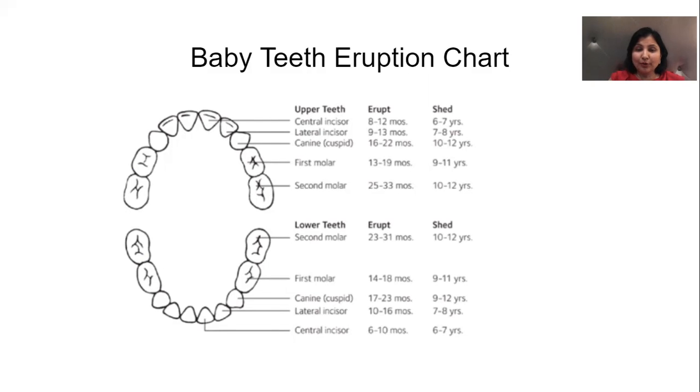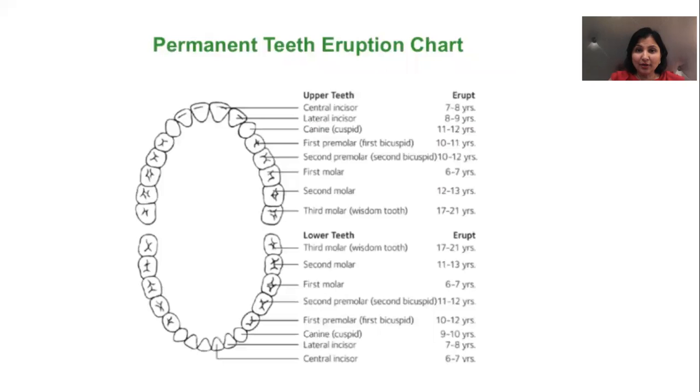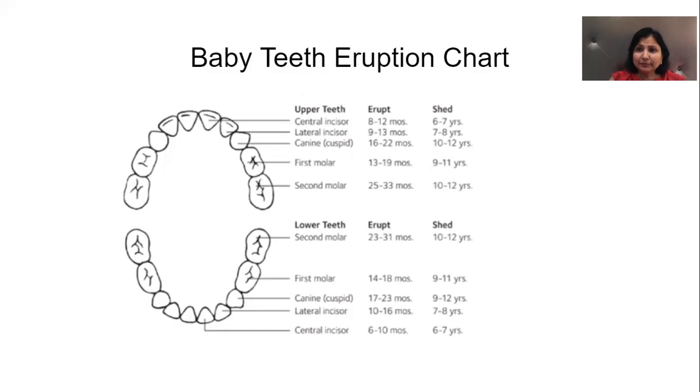The permanent tooth for the second molar is going to be the second premolar, which doesn't come till 10 to 12 years of age, right? So now we have at least 3 to 4 years that the second premolar is not going to come.